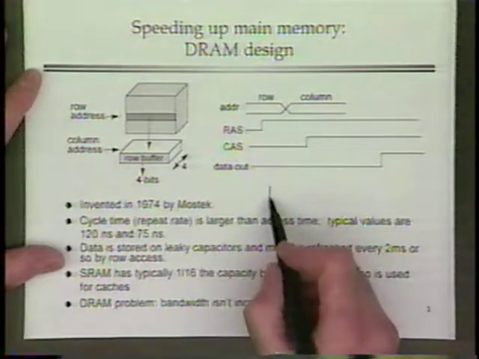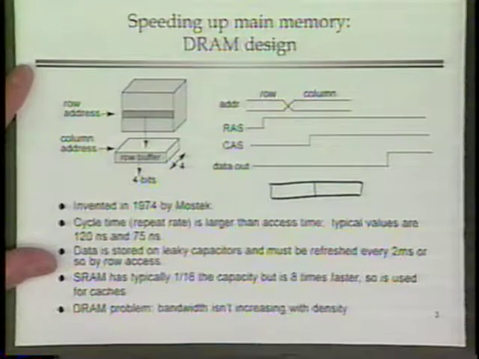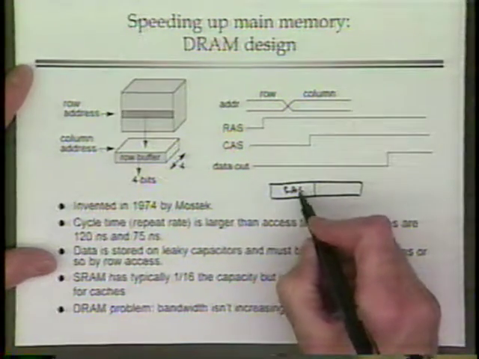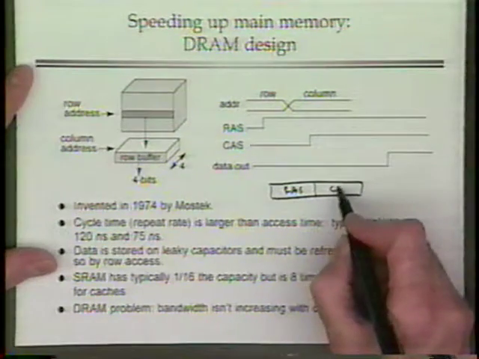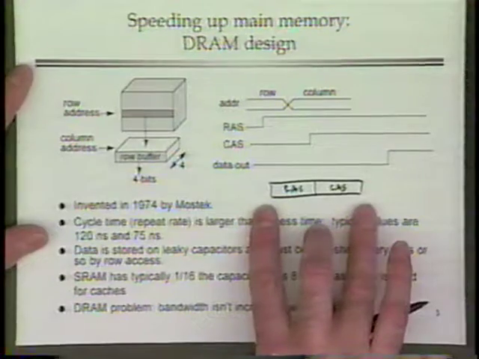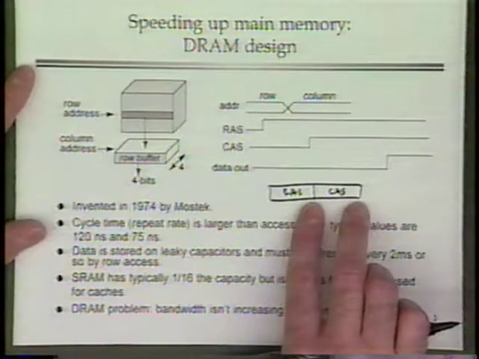Basically, you take the address which is being fed into the RAM chip, you divide it into an upper part, a row address select part, and a lower part, which is a column address select part. And instead of giving all of those bits to the chip at one time, you give half of them during one cycle and half of them during another cycle.